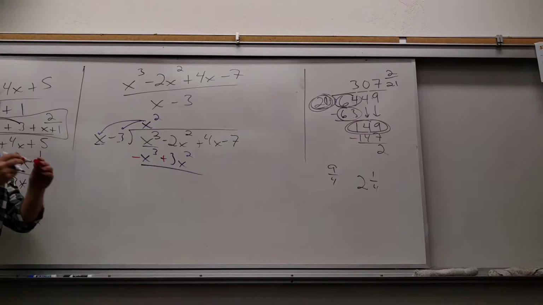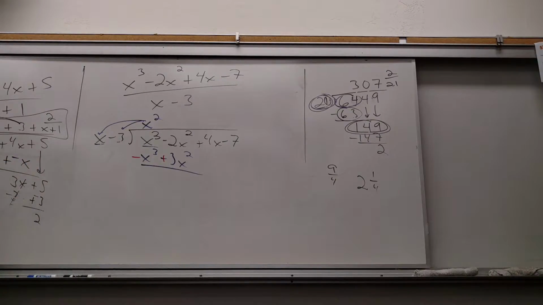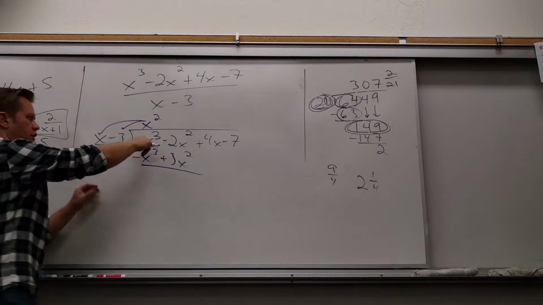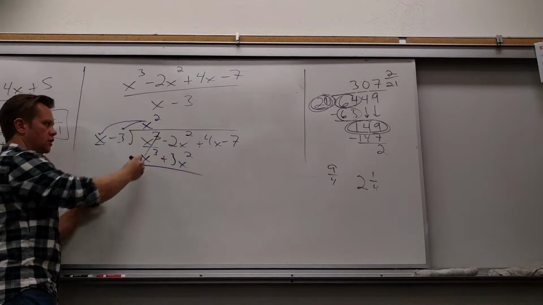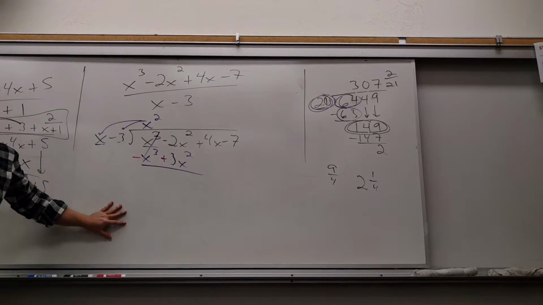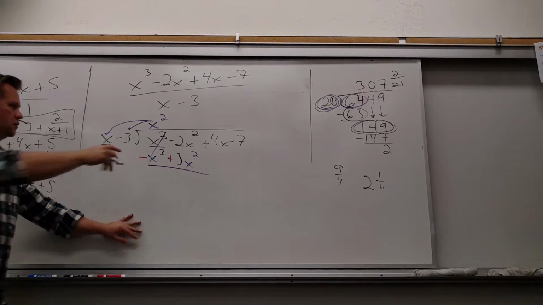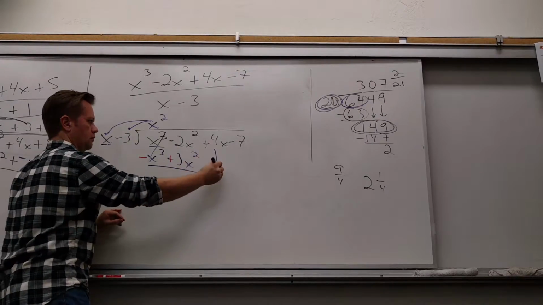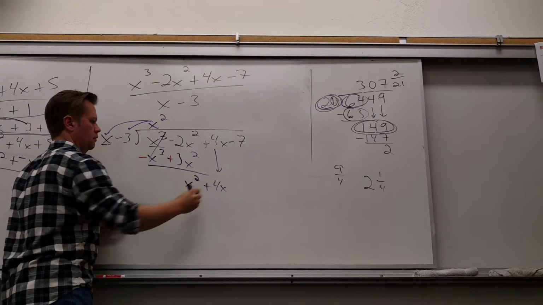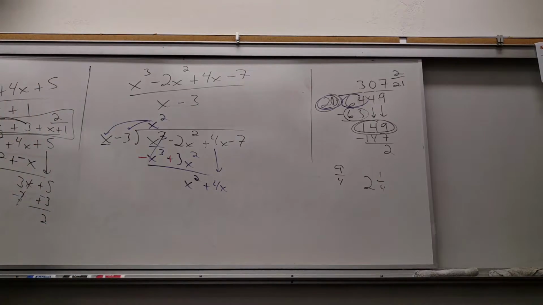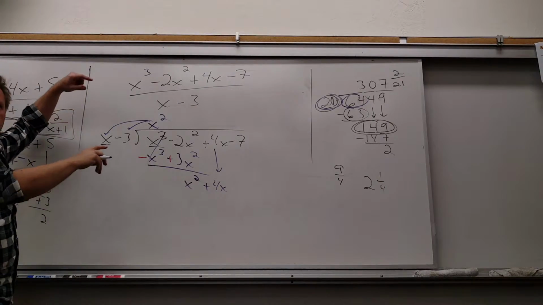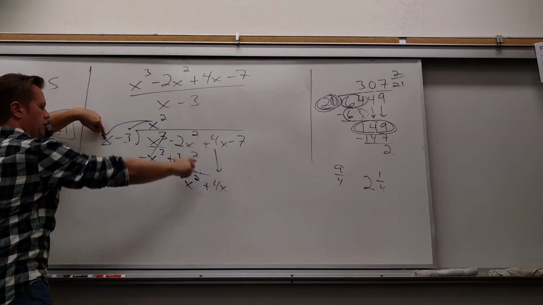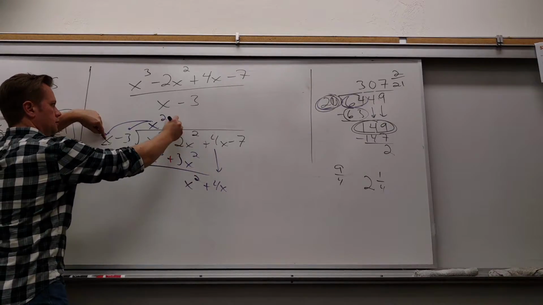Change the sign, because I have to subtract that. When I subtract something, the signs change. So what do I get here? It's always going to cancel. If they don't cancel, you did something wrong. And then here I get x squared. So now I'm looking at what? x times what is x squared? x.